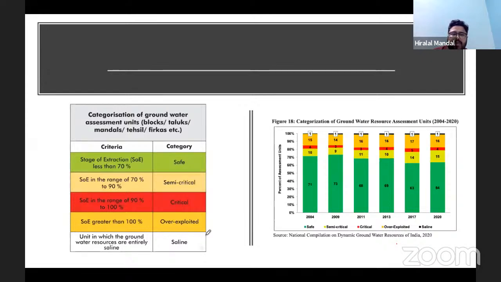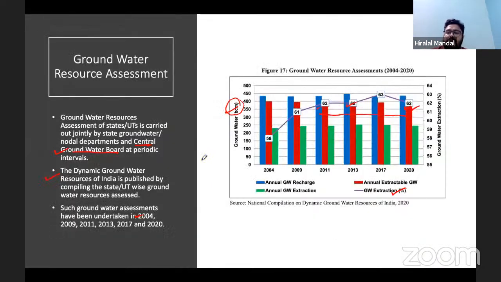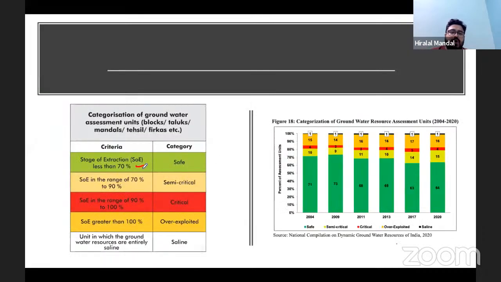And what is important is that if the groundwater extraction is below 70%, then it is safe. It has been categorized on the basis of extraction. So if you look at extraction in India, it is in the safe range, at 62% in the country, which is below 70%. Therefore it is in the safe category.